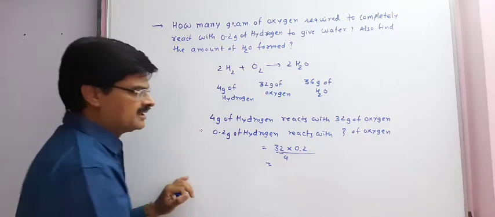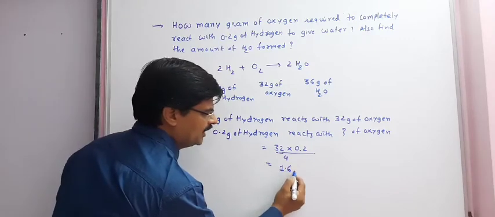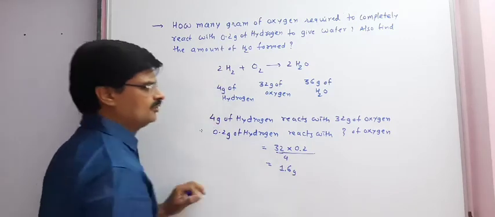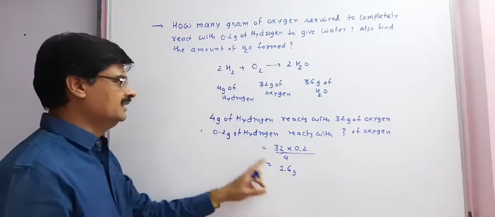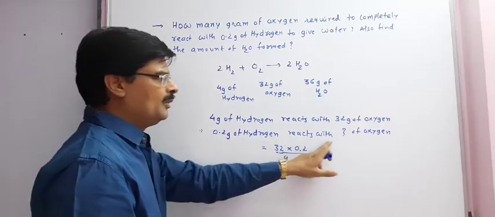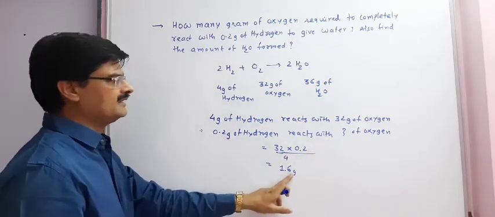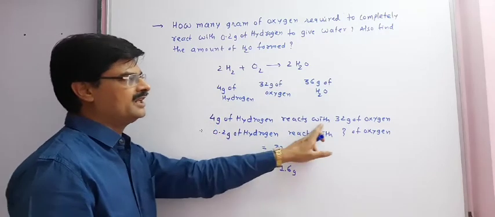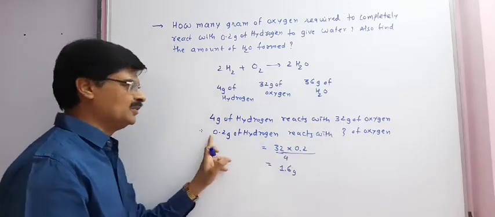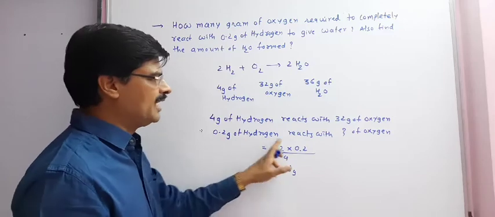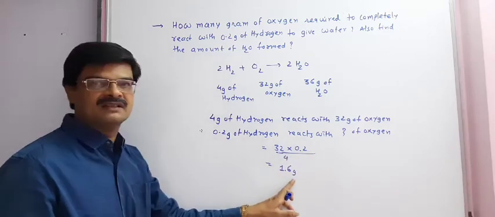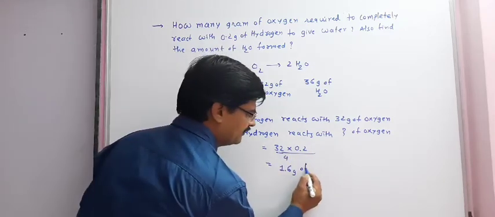On simplification, we will get 1.6 gram. So the amount of oxygen required is 1.6 gram.